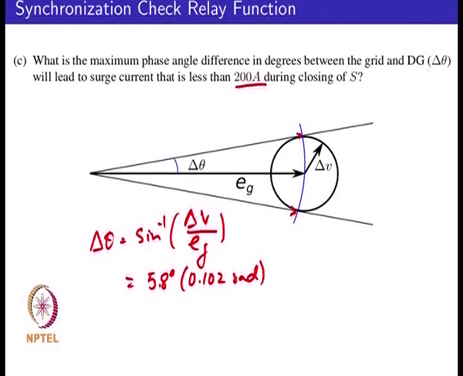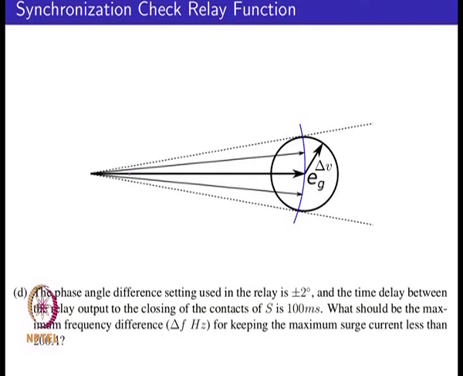Then in the next part of the problem, you are told that instead of using 5.8 degrees, your actual relay is set to close within a 2-degree angle. So, this angle is held at 2 degrees, and you are asked what is the maximum frequency difference between your grid voltage and your DG voltage such that you do not exceed 200 amps.